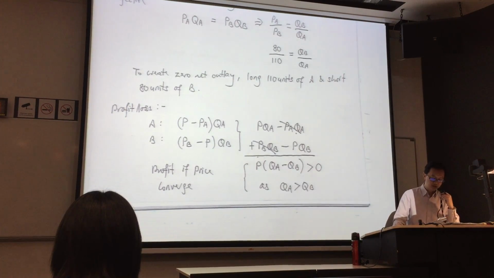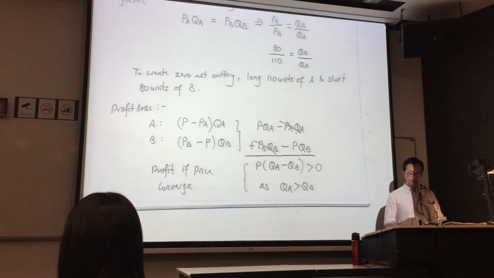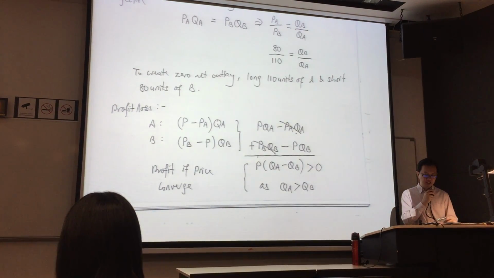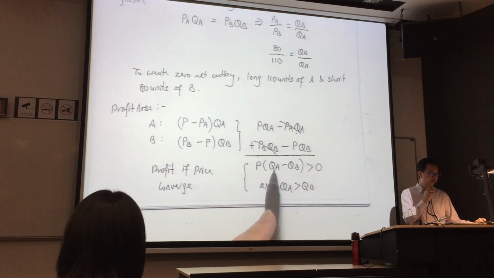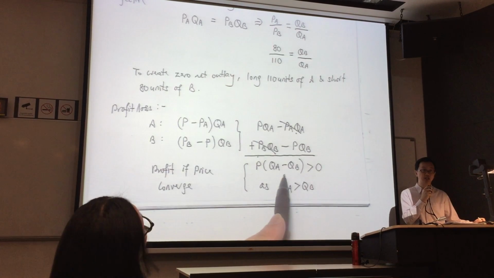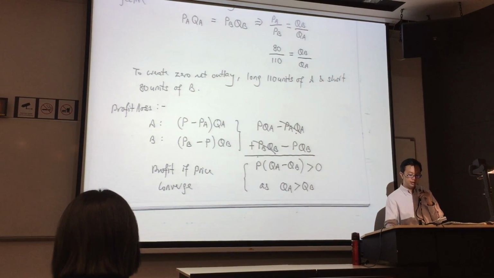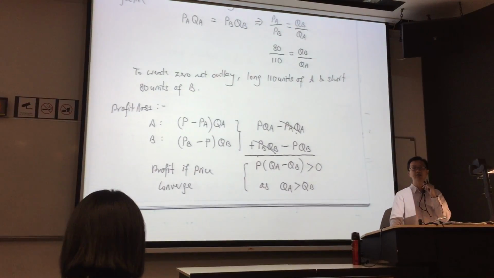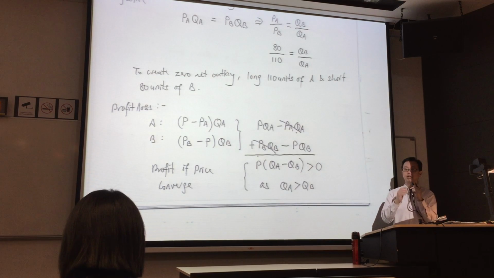In the next slide, it shows you what happens if the convergence is at 120. If P is 120, you take 120, multiply by 110 minus 80, which is 30. So 30 times 120 will give you 3,600. That is the profit from the convergence. What happens if the convergence is at a lower price level?